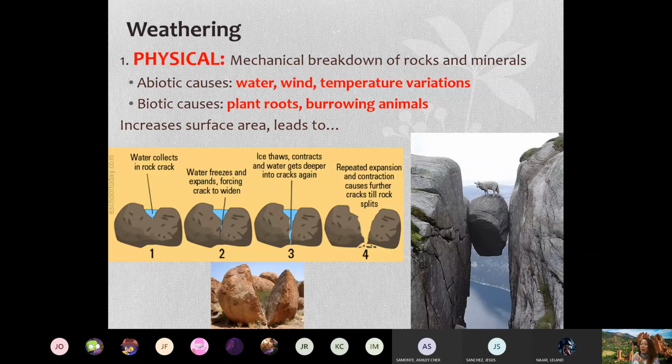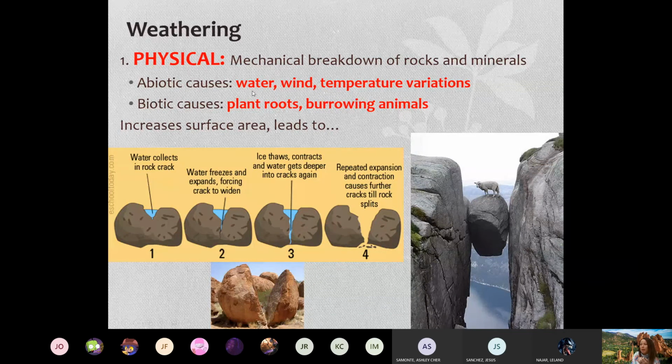All right, so abiotic, well, I'm going to start with biotic. Bio means life, right? So it's living things. Abiotic is the opposite. It is non-living things. So your biotic causes down here, it says plant roots, burrowing animals. Plants and animals are living, so they can break the rock down, and they're biotic.